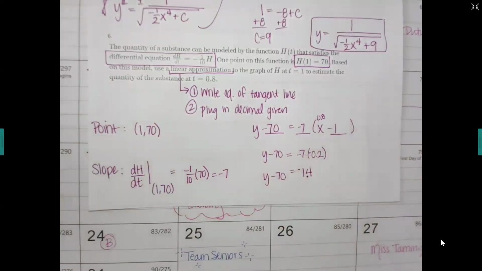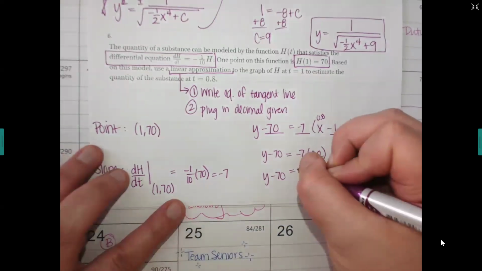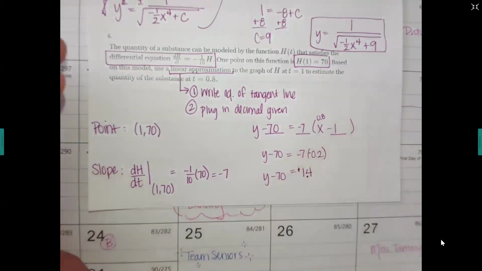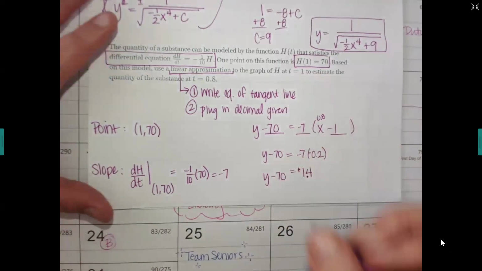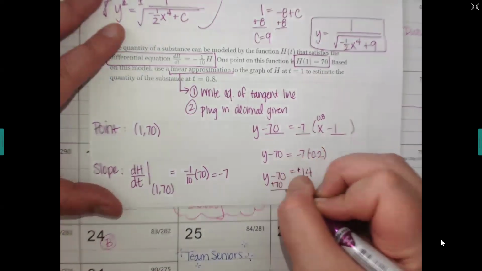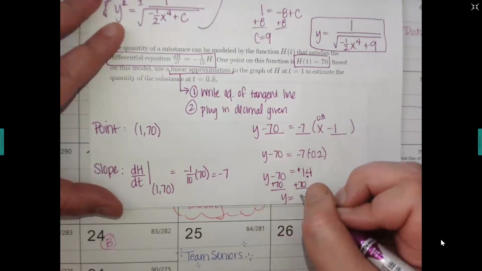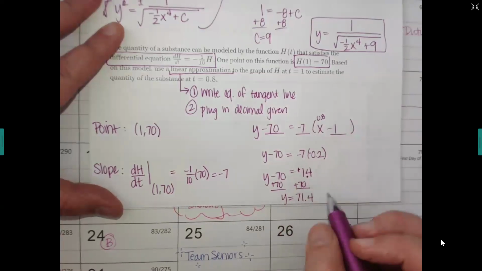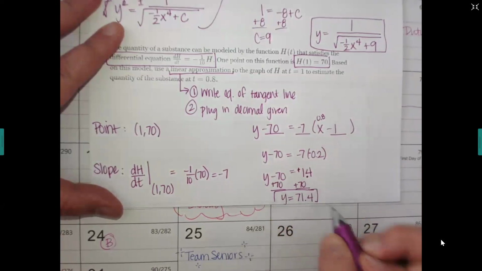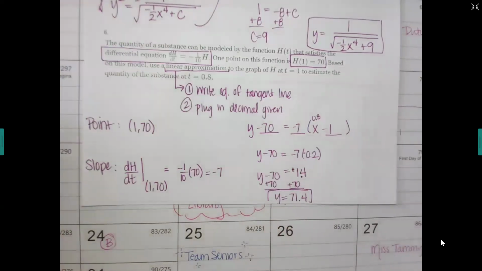Because if it's 0.8 minus 1, this should have been a negative, which means now how's this going to come out when I multiply these? Positive. Thank you. Then we have a minus 70. We need to add that across. 1.4 plus 70 is going to be 71 point. Questions on that? All right, turn the page.